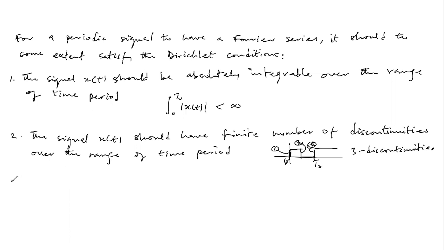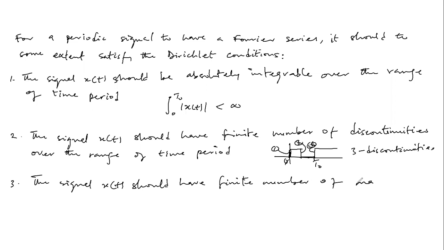And the third point here is that the signal s of t should have a finite number of maxima and minima over the range of the time period.